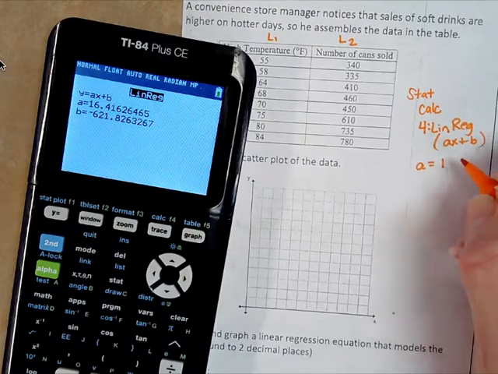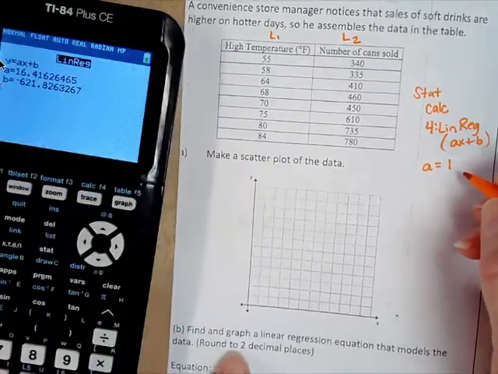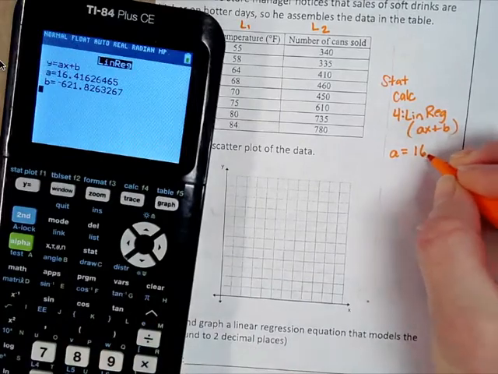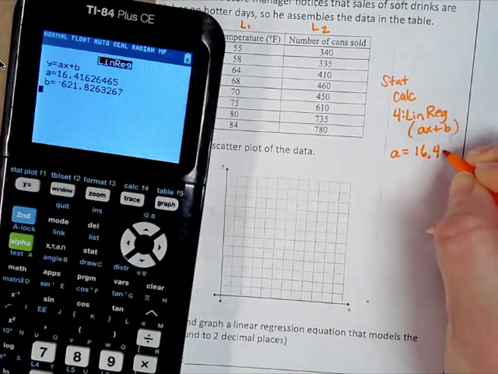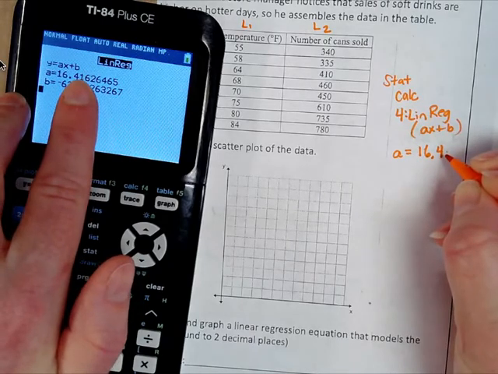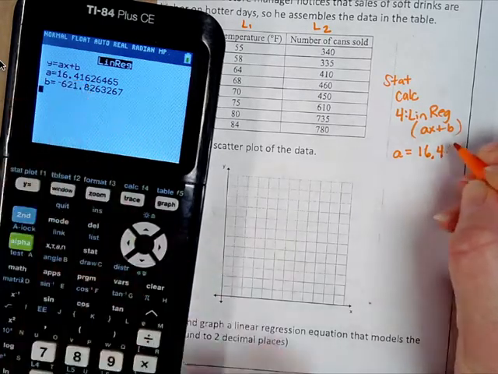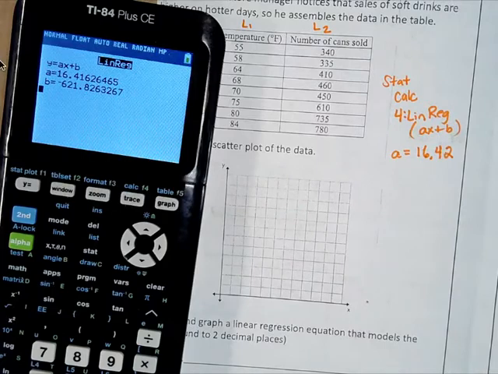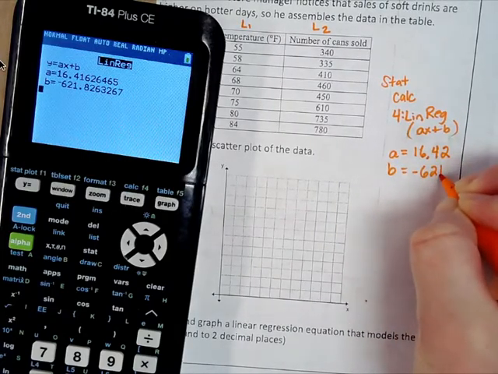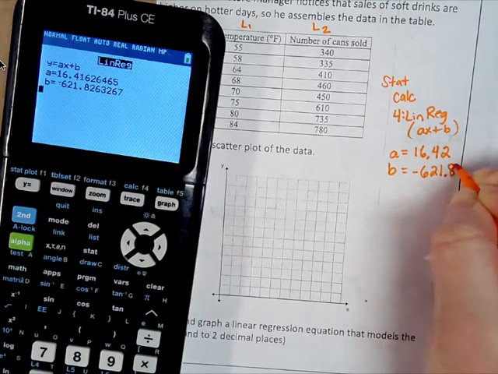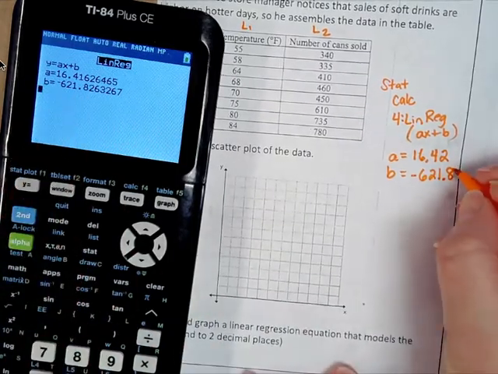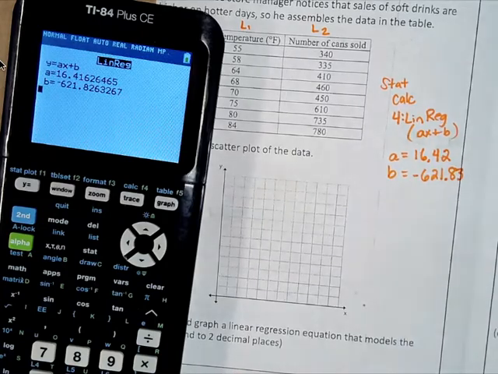So A is, it tells us right here, round to 2 decimal places. 16.4, that 1 is going to go to a 2 because of the 6 behind it. And then B is negative 621.8. The 2 is going to go to a 3 because of the 6 behind it.